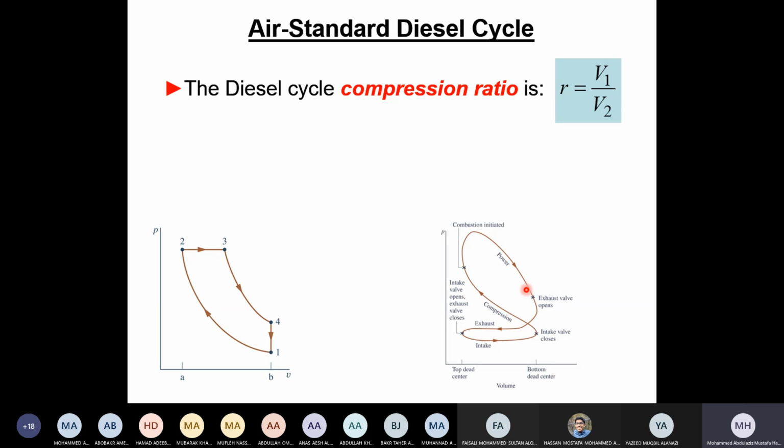Now, Diesel, another scientist, went to the actual cycle of a diesel engine. He found that this process is close to horizontal, so he approximated it as a horizontal line. It is just an approximation.